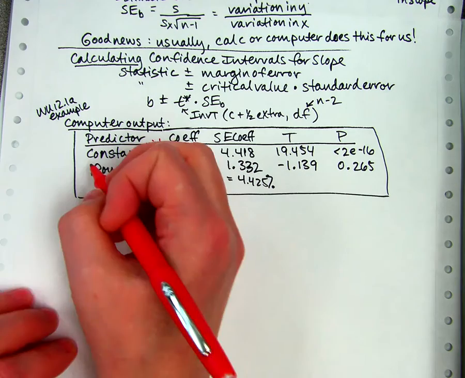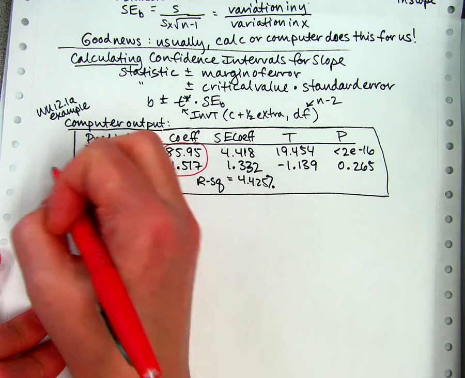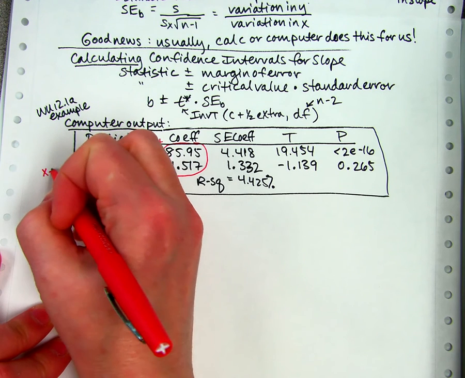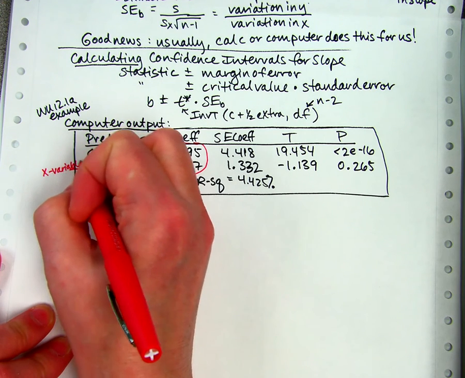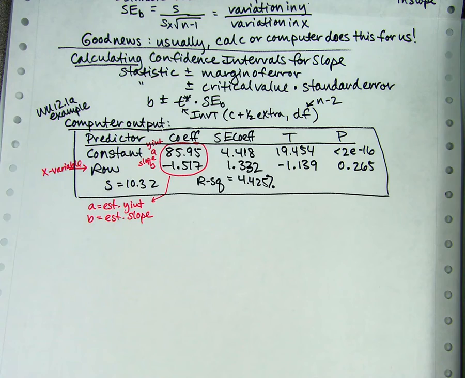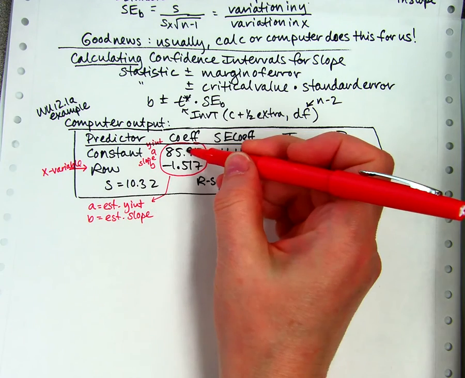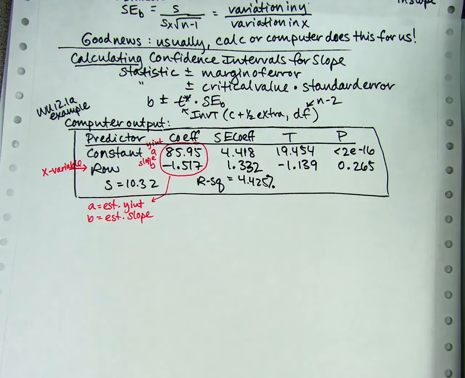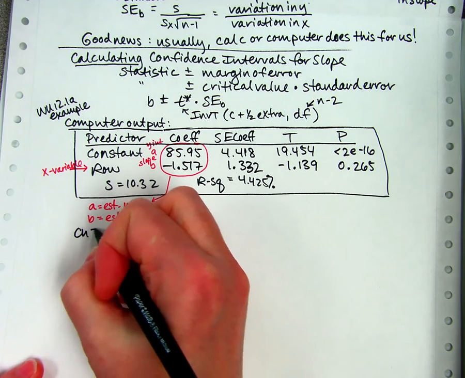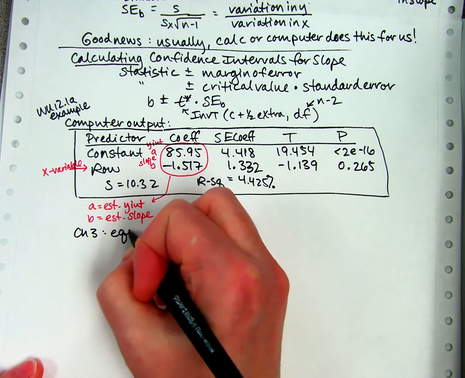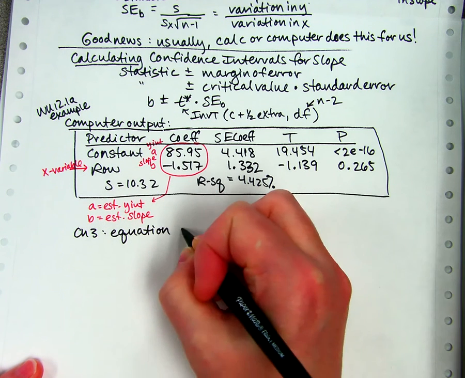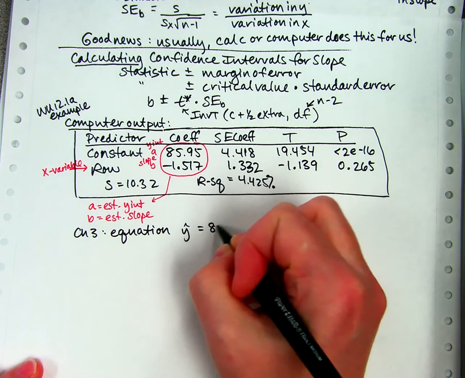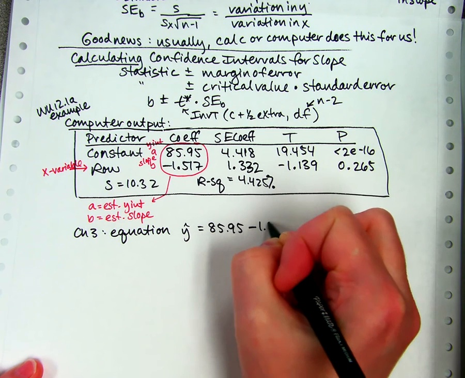We've talked about this in chapter 3, that this right here is the name of your x variable. When you're writing your equation, you use that by saying this is the constant or the y-intercept, and this is the number that would be the coefficient of x. In chapter 3, we learned how to write an equation for this, where we go y hat equals 85.95 minus 1.517x.